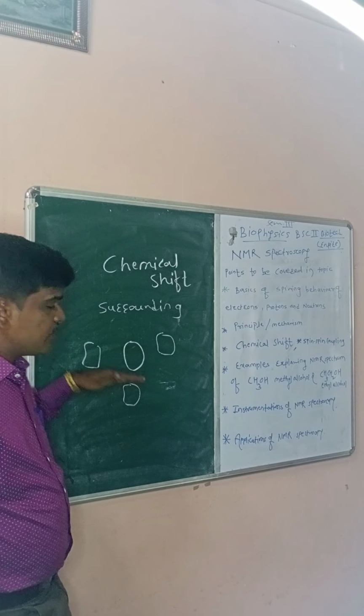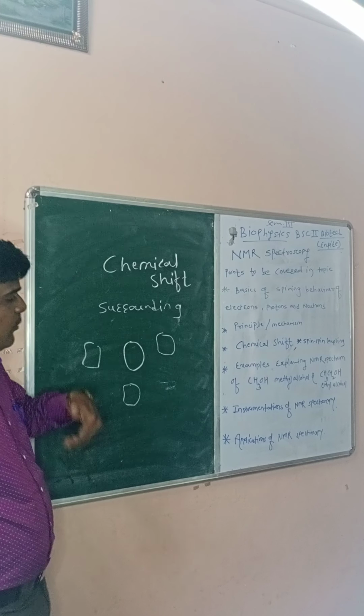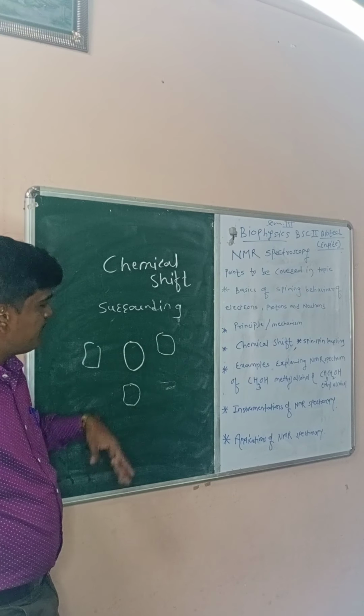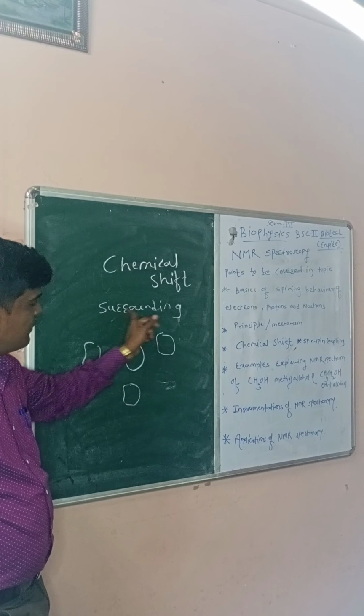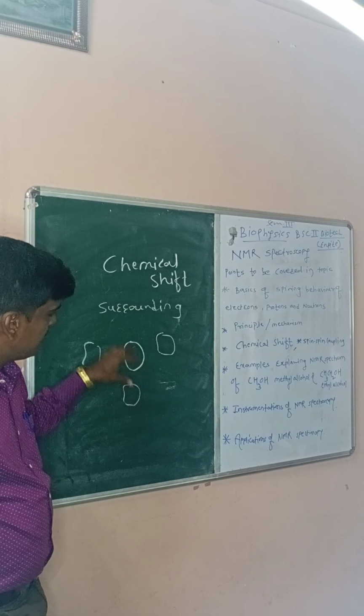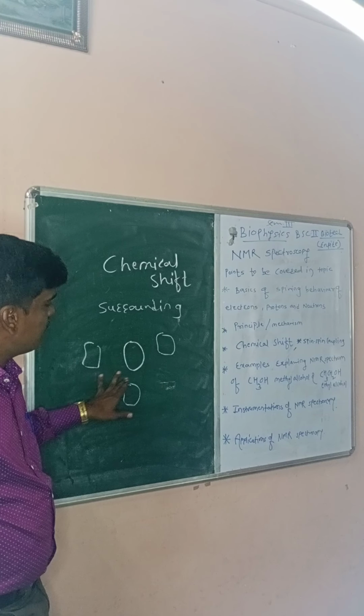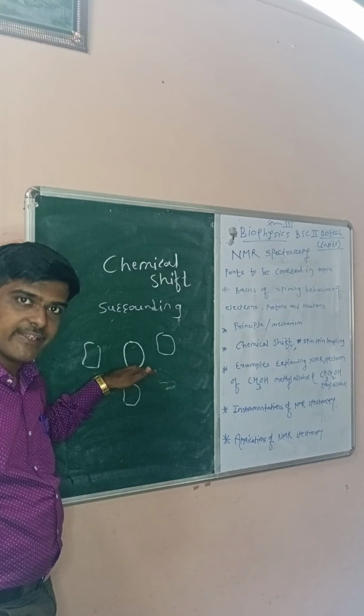So the spectral line behavior, or the type of spectra obtained in the result, may vary depending upon the surrounding molecular environment near this central molecule whose NMR spectra we are going to study.